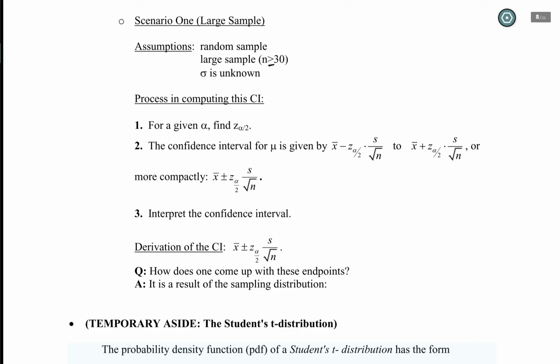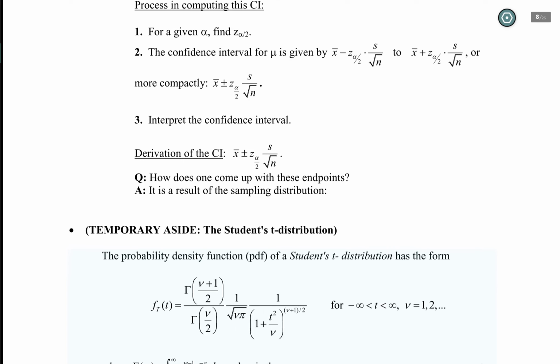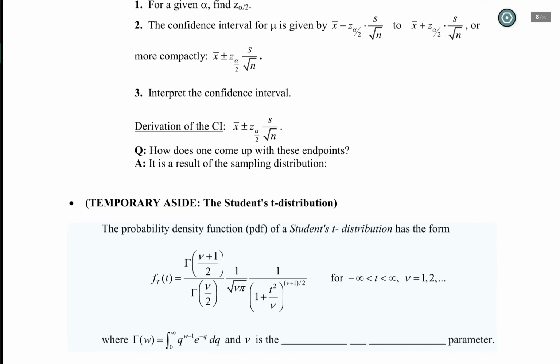So the derivation of this interval, we did this before for that first confidence interval. The question there was, how does one come up with the endpoints for the interval? Well, how does that happen here? It turns out it's a result of this sampling distribution.